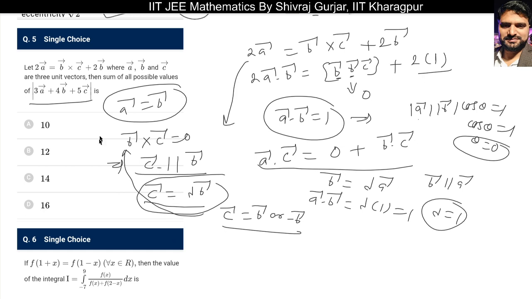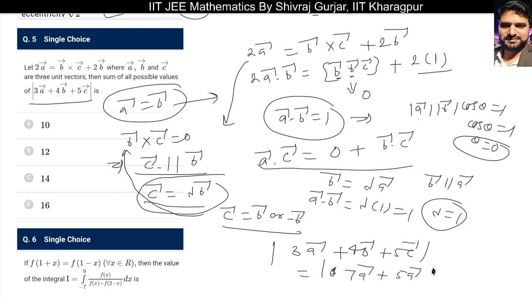Okay, so then our expression will be 3A vector plus 4B vector plus 5C vector. A vector is equal to B vector, so that makes this 7A vector, and C vector will be either B vector, which is again A vector, so this will be either 5A vector or 7A vector minus 5A vector.